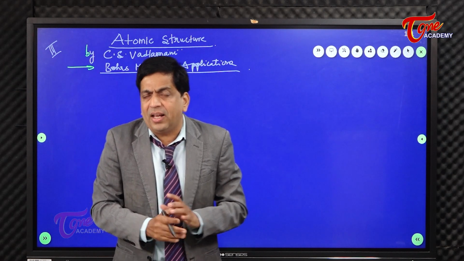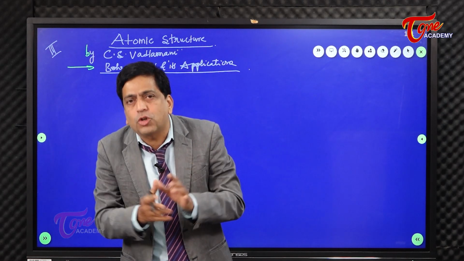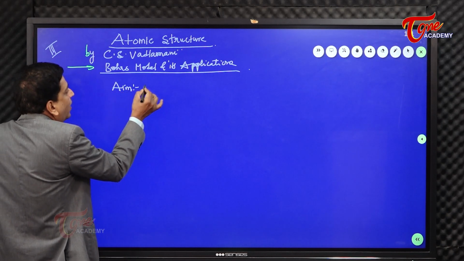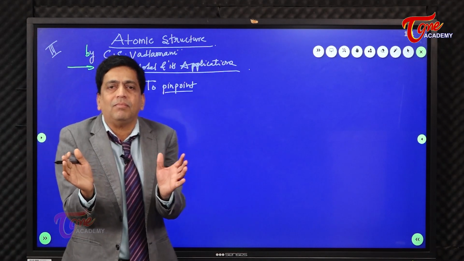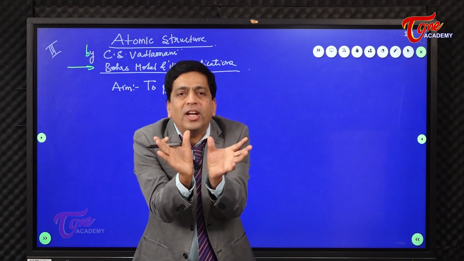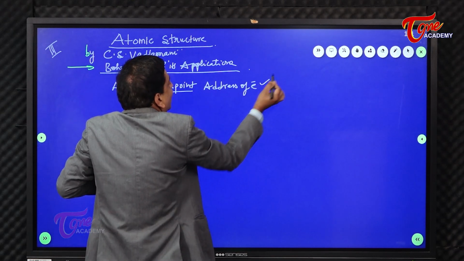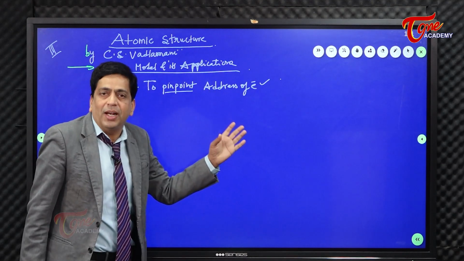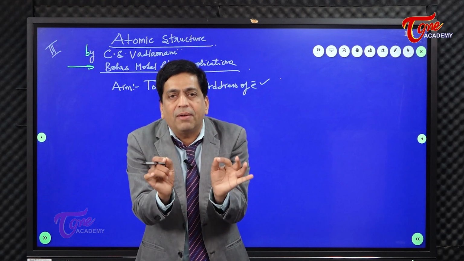Now, in Bohr's model, like in atomic structure, what exactly are we doing? If I can write the aim for this chapter, what you're doing in atomic structure is to pinpoint the address of the electron. If someone asks you what you are doing in atomic structure, tell them you are pinpointing the address of the electron, because we need to locate it to the maximum, without any error, without any uncertainty.